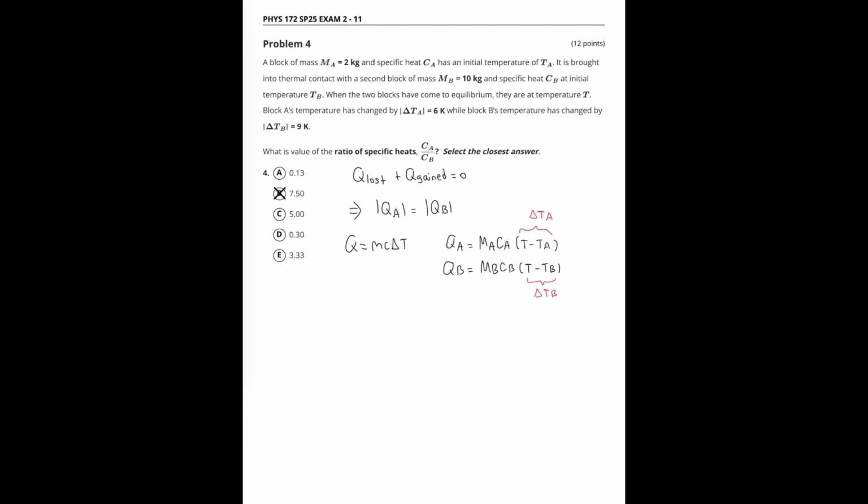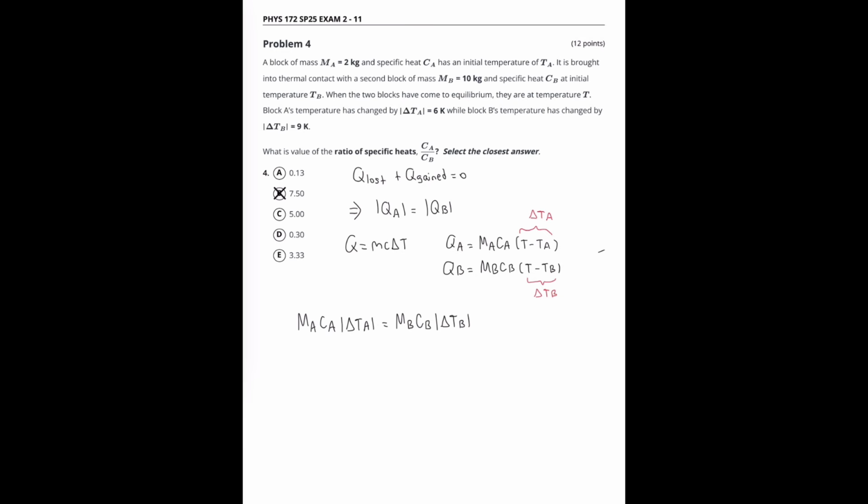And we know from equilibrium that energy is conserved, so we can say Ma Ca times the magnitude of the change in temperature of A is equal to Mb times specific heat of B times the magnitude of the change in Tb.